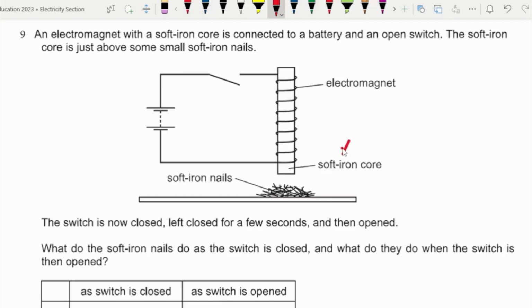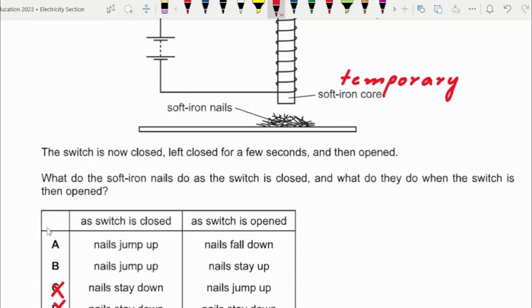Soft iron is a soft magnetic material. It only works as a temporary magnet. As soon as you switch it off, the magnetic properties vanish. So straight away, the nails would fall down. So it would be the option A.